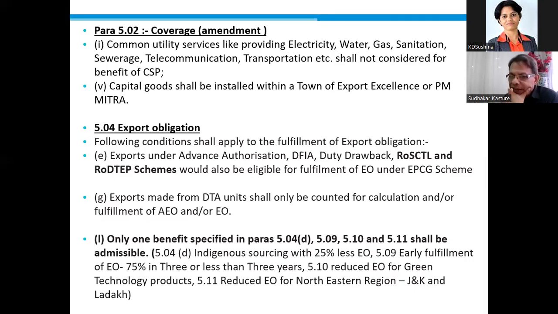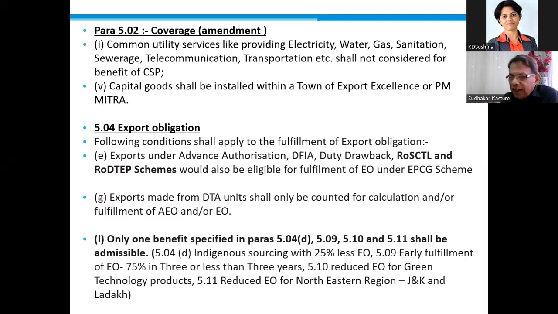In other words, exports made from an EOU unit, if it is part of your company, cannot be taken into account for the purpose of specific export obligation. So that has to be kept in mind.